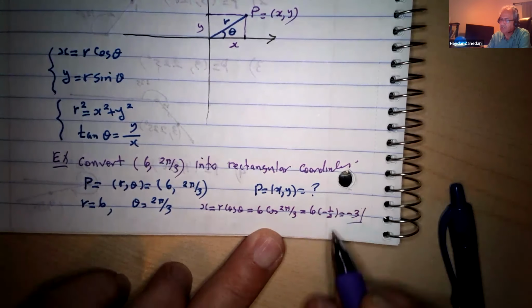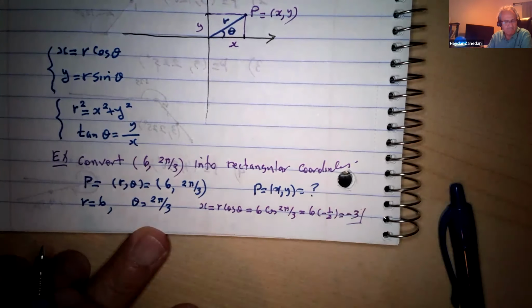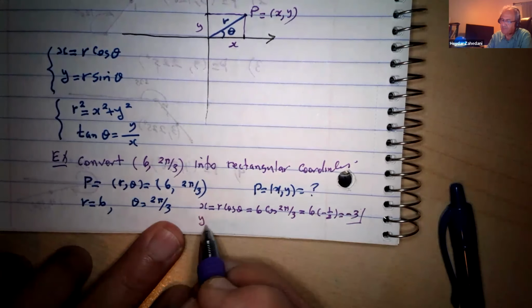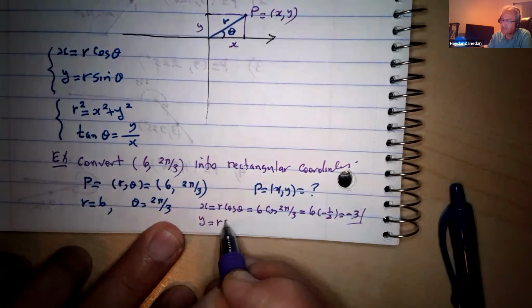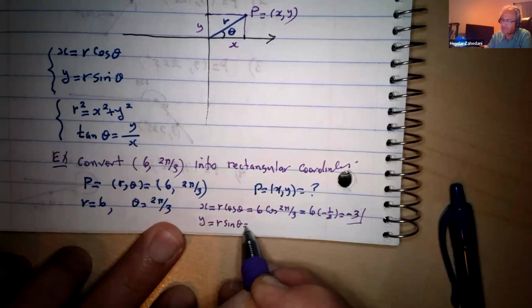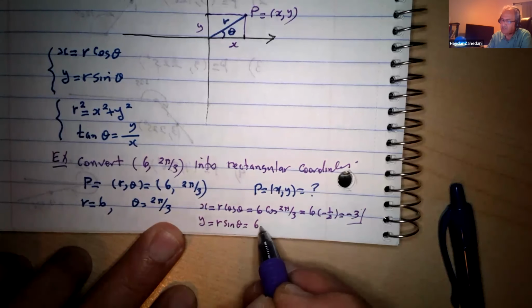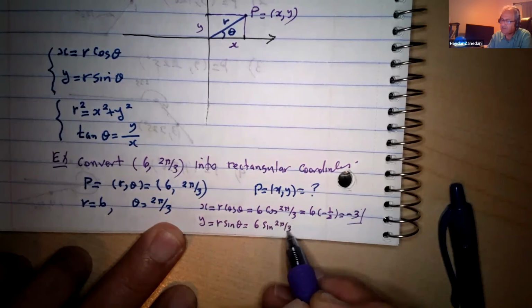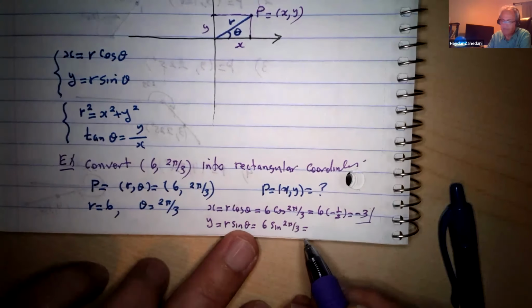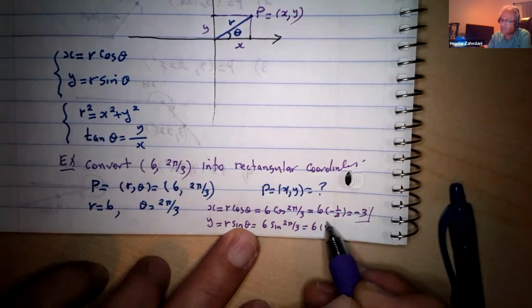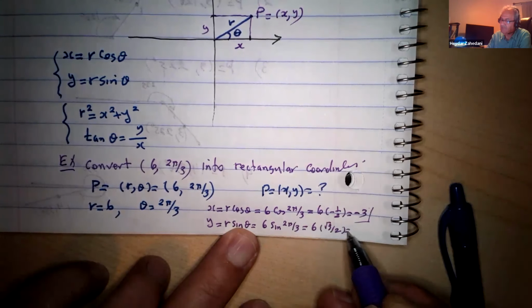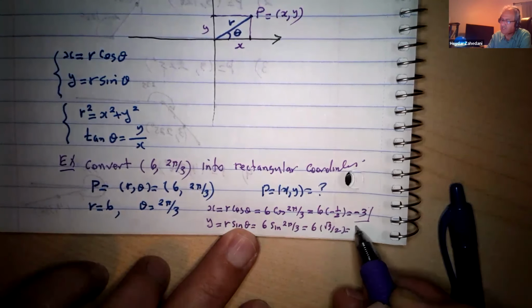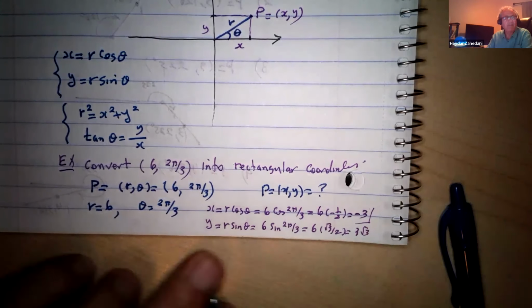So that would be the X. For the Y, it is R sine of theta. R is equal to 6, and this is going to be the sine of 2π/3. If you check the unit circle, that's radical 3 over 2, and you simplify it, that gives you 3 radical 3.